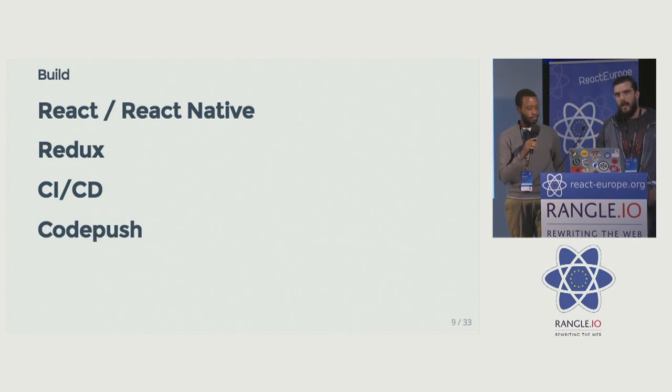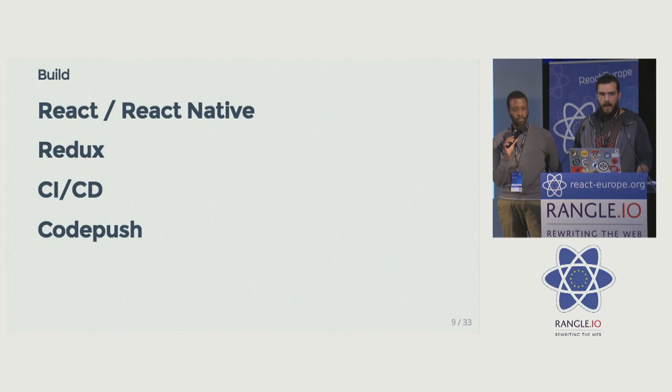The first step of this cycle is the build, and recently with all of the tools and libraries that we have available, we are getting much better at building things faster. We have libraries like React and Redux with tools for continuous integration and continuous deployment.